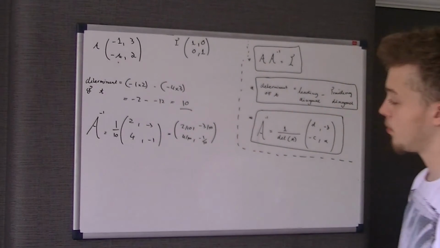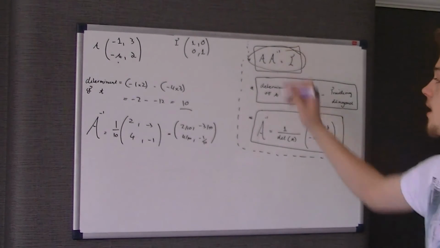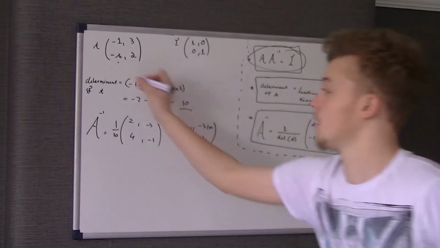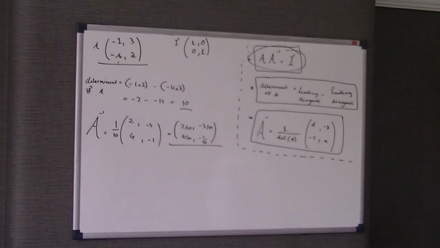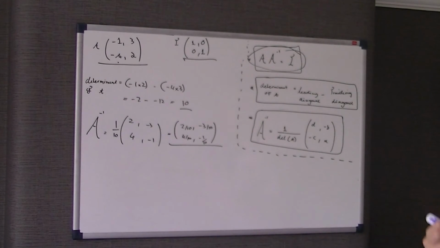Now, if it asks you to prove that that was in fact the inverse matrix, you would just put in the matrix A and the inverse matrix, and multiply them together, and that should get you your identity matrix.